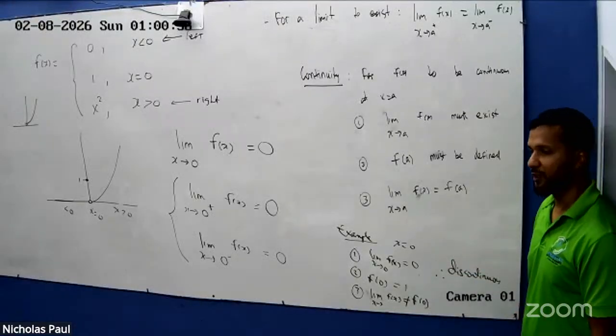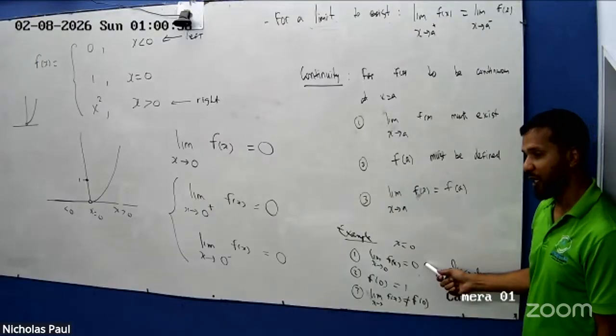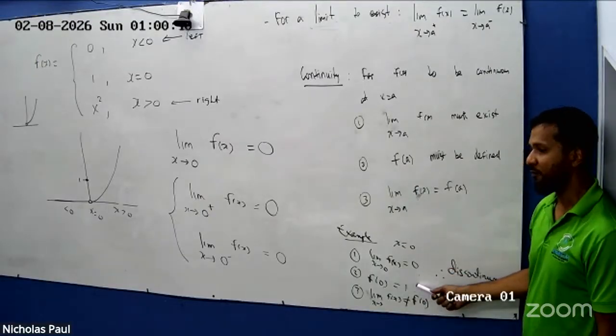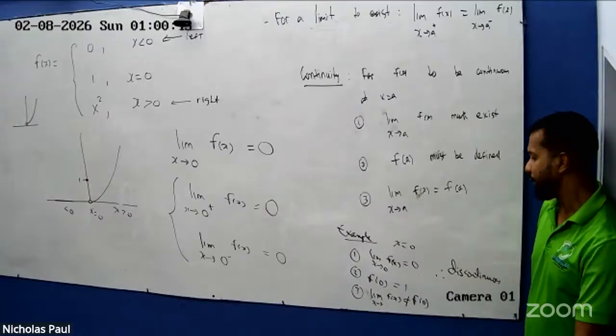That's how you show continuity, right? You have to make sure the limit exists. f of 0 is 1, right?